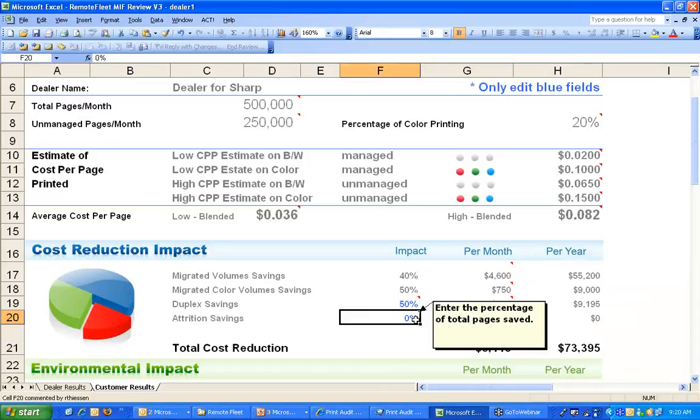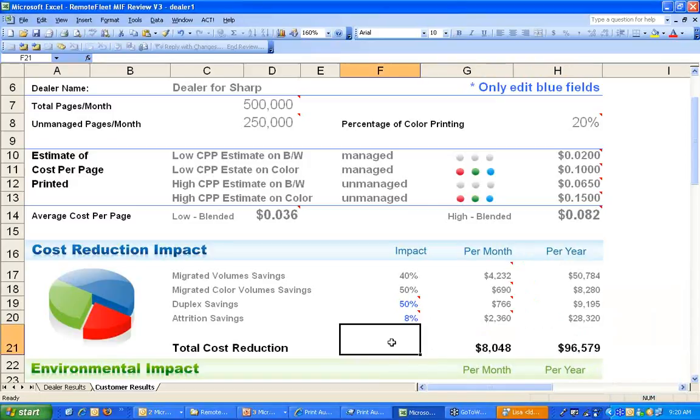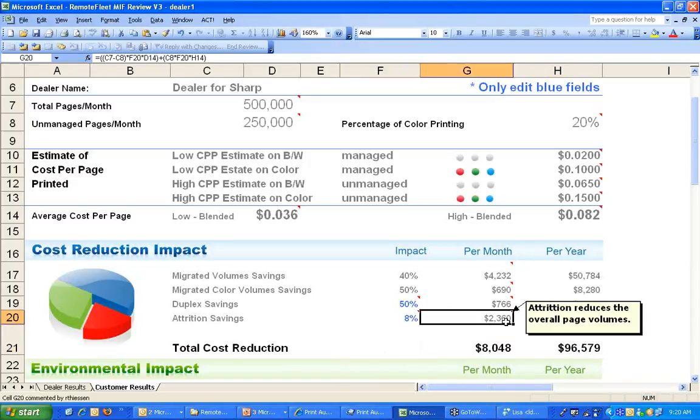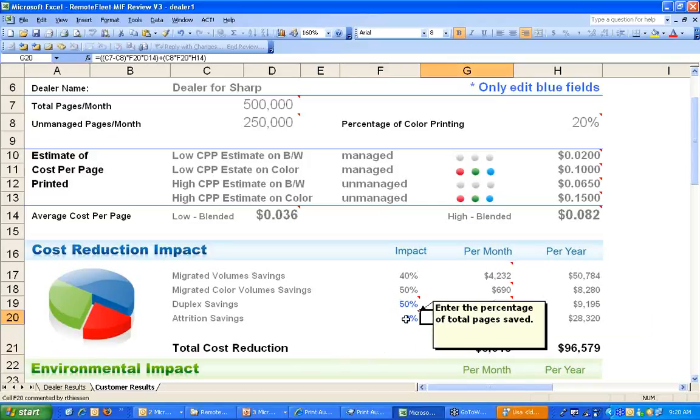So what we see is usually about a 5 to 10% fall off in printing, period. And that 5 to 10% will have an impact on overall printing. So that'll impact not only the unmanaged volumes in the environment, but also the managed volumes. So what we see here is an additional savings of $2,300 per month based on just that attrition value alone.